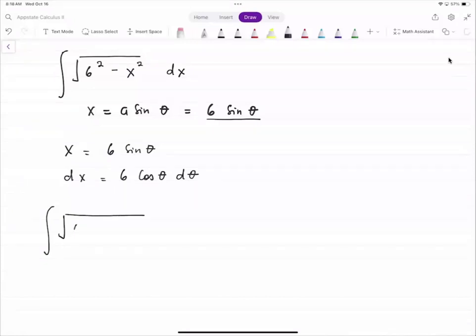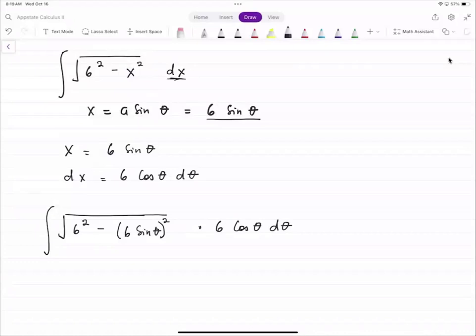There is 6 squared, I write that here, minus, we said our x is 6 sine theta, and here is x squared, so I have 6 sine theta all squared. And then here we have the dx. What did we find out for the dx? We saw that dx is the same thing as what? 6 cos theta d theta.